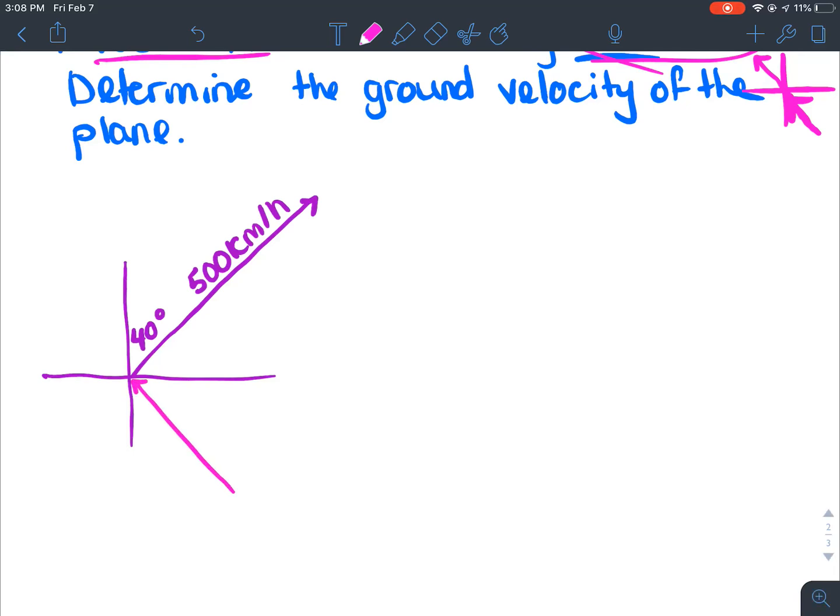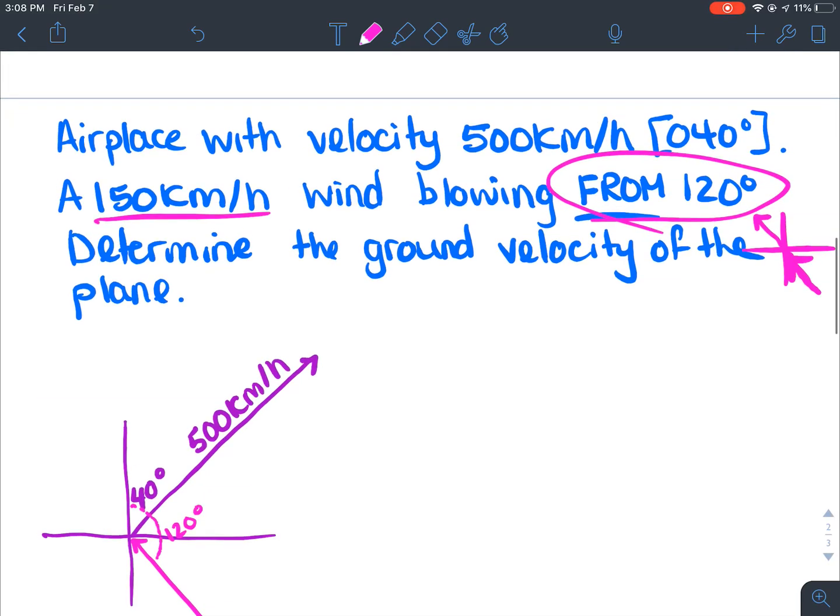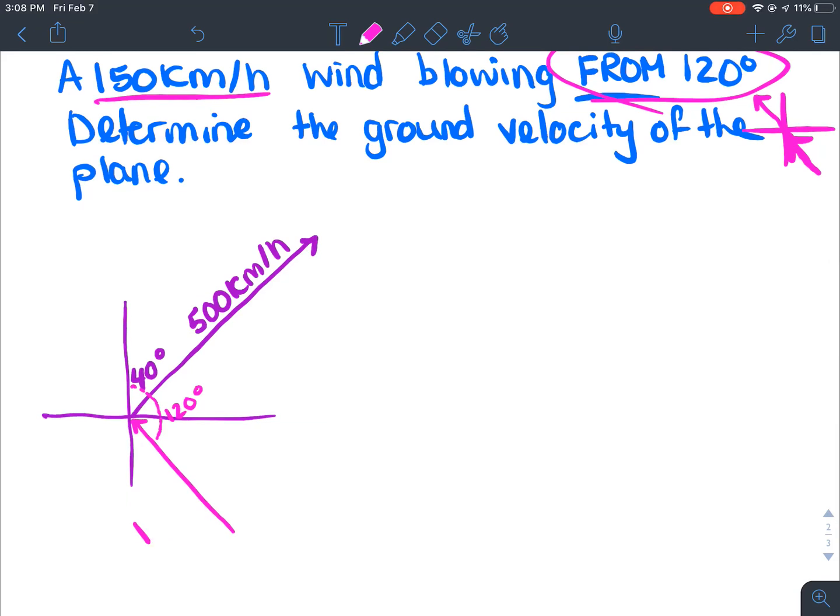I think that will work. So now I know this entire angle here will be 120 degrees. And that was 120. Oh, is it? Oh, no, 150. So this velocity is 150 kilometers per hour.